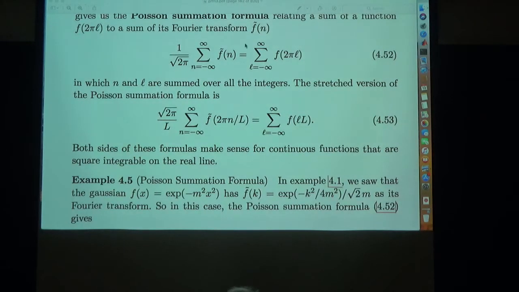For example, if the function is big at large x, this takes forever to converge because this thing is always big. On the other hand, this one is only big at small k, so this thing converges in a few terms.